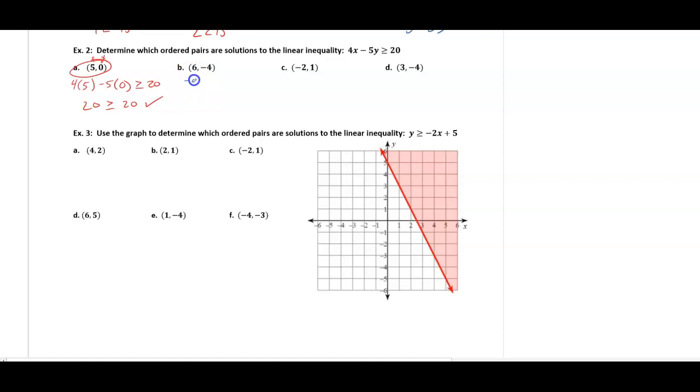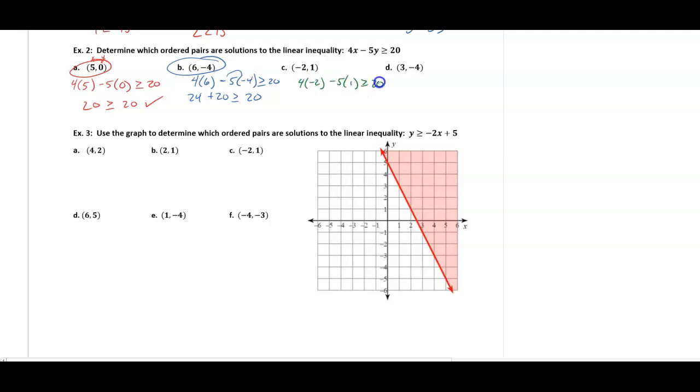Next example. Negative 4 times 6 minus 5 times negative 4. Will that be greater than or equal to 20? Well, it's negative 24. This is going to give you plus 20. Is that going to be greater than or equal to 20? Yes. That's a solution. Now, 4 times negative 2 minus 5 times 1.